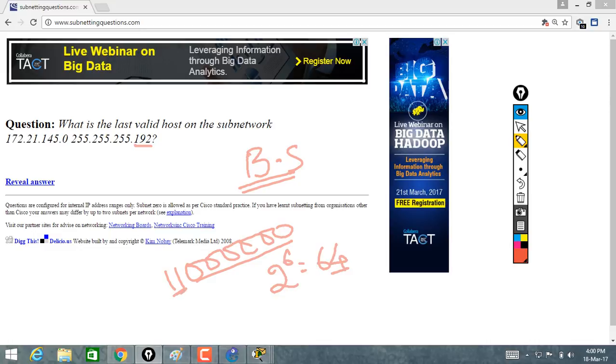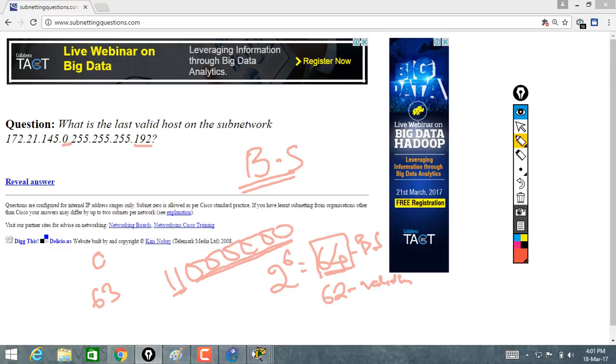So 2 raised to 6 will be the block size, and 64 minus 2, that is 62, will be the valid hosts. So the block size I have got is 64, this means it will go from 0 till 63, and since this is in the last octet, the last octet will get changed.